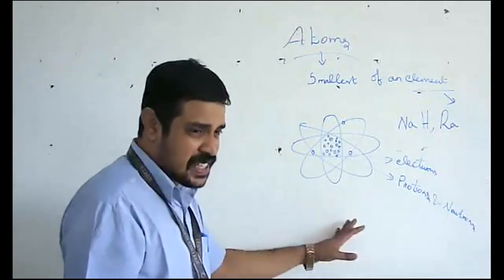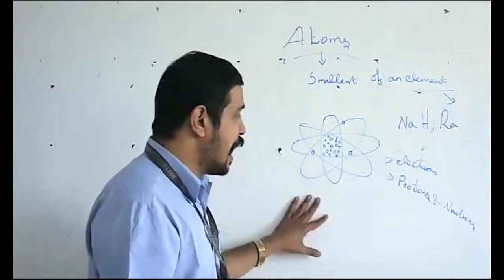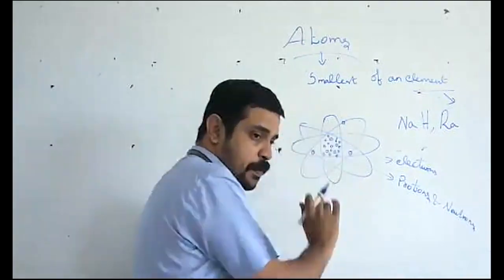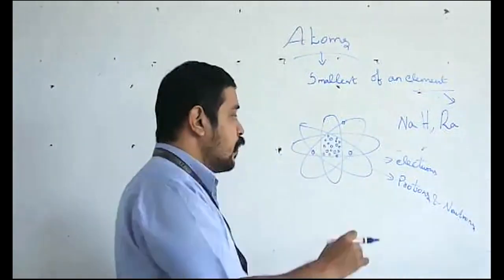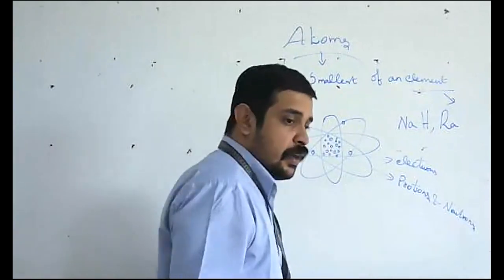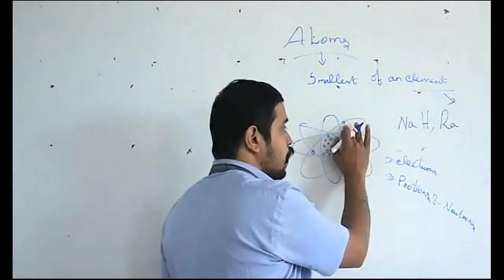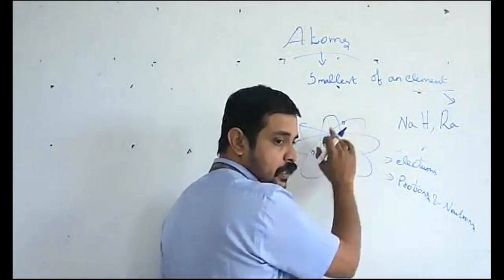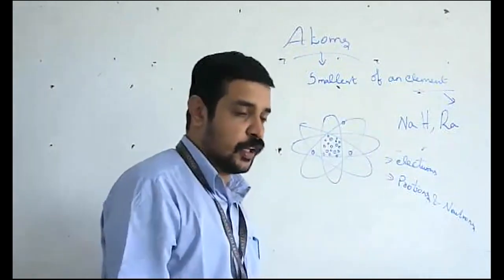This is how an atom looks. The center part contains the nucleus, where we have protons and neutrons, and we also have electrons present outside the nucleus, around it.